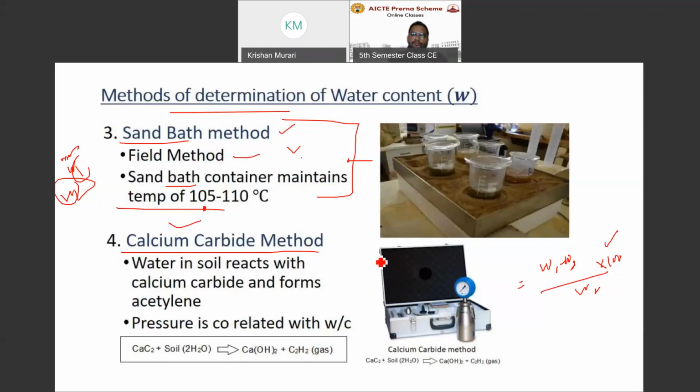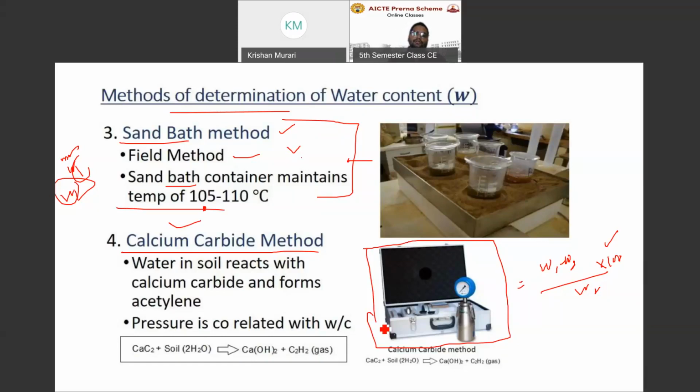This is the complete arrangement of that particular test. In this test, the water reacts with calcium carbide. If the quantity of water is greater, the calcium carbide generates more acetylene gas. If more acetylene gas is developed, then the pressure also increases. We read the pressure gauge as the acetylene gas is released.